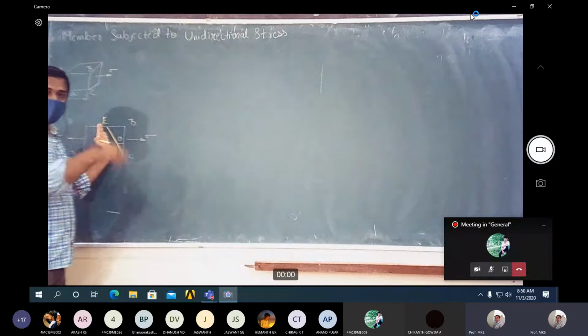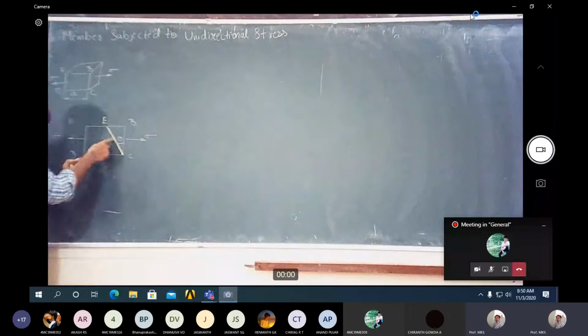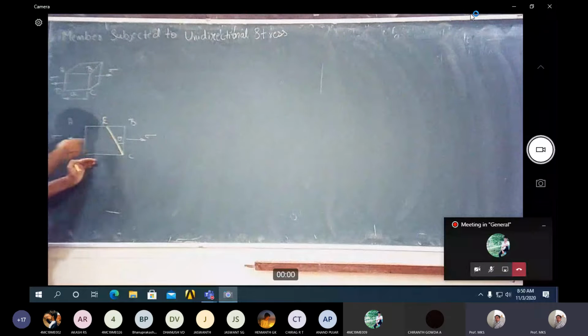Normal stress is always perpendicular to this inclined plane, so draw the perpendicular. I'll take it as normal stress sigma n.